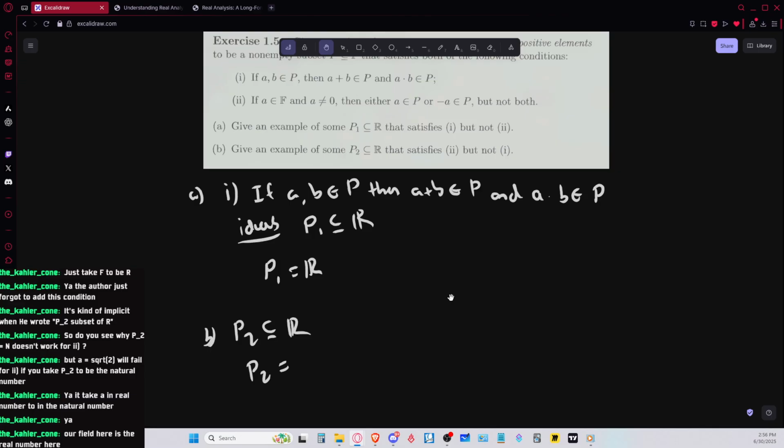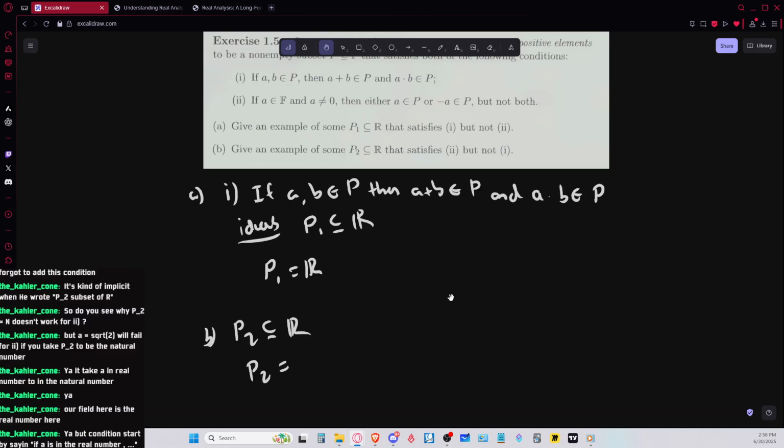So now I think the reason why I'm getting confused is, are we supposed to be thinking about F, or are we supposed to be thinking about P? Because what we have here is that it's supposed to be an element of P. And if I have P2 in this case, and we'll replace that with P, what I'm thinking is that if it is equal to the natural numbers, then this fulfillment is fulfilled.